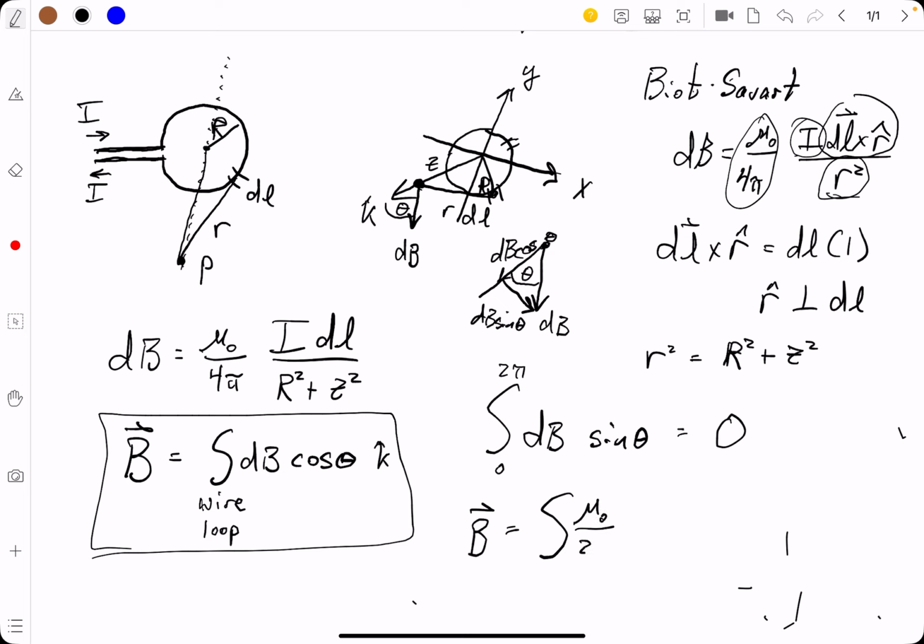Here's my mu naught over 4 pi, I dL over R squared plus Z squared, cosine theta, and this is over the wire loop. Cosine theta in the k hat direction.